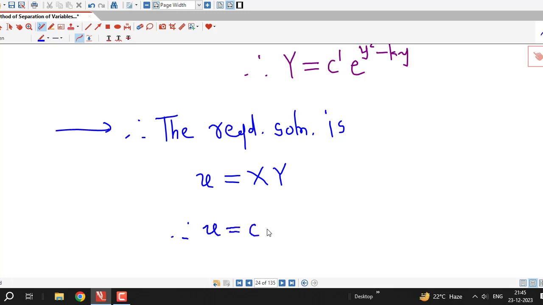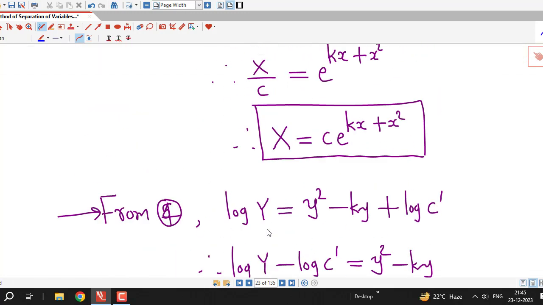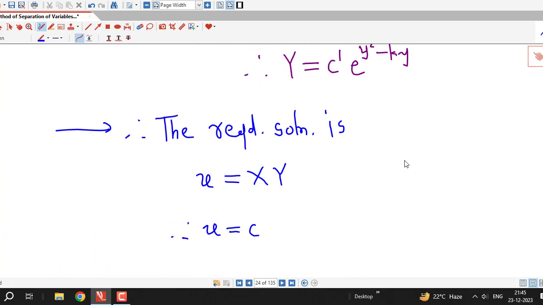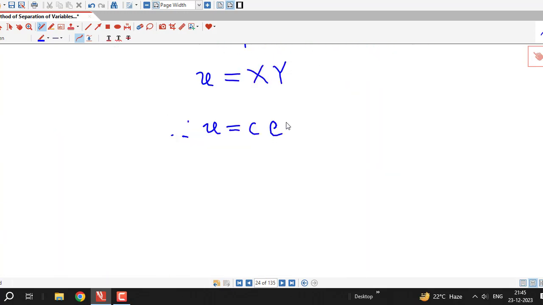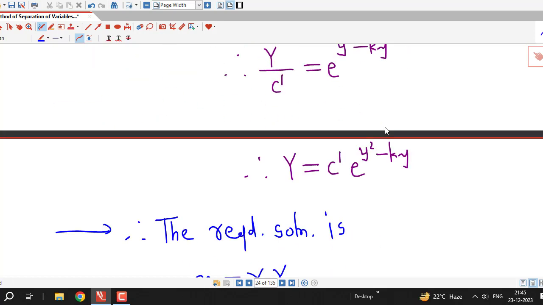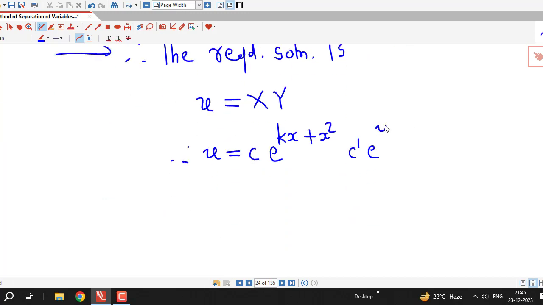Therefore, u equals c times, first we write down capital X, it is c times e raised to kx plus x square. And what is capital Y? It is c dash times e to the power y square minus ky. And therefore, if I combine these two constants, they are arbitrary constants.